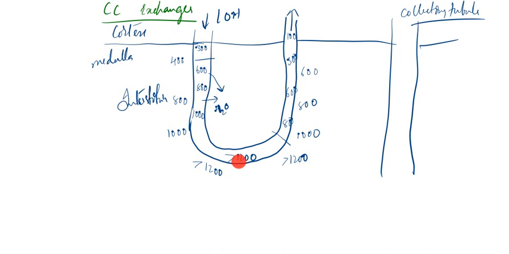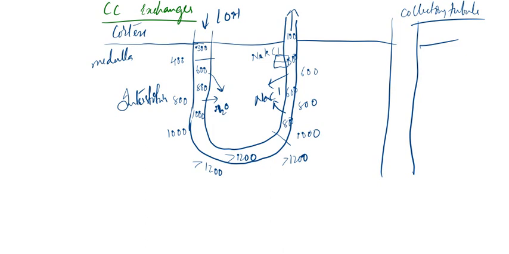While going into the ascending limb, the urine becomes hypotonic because of reabsorption of solutes. What solutes? Sodium chloride. And here you also see one small carrier, the sodium potassium chloride carrier. This is blocked by loop diuretics.